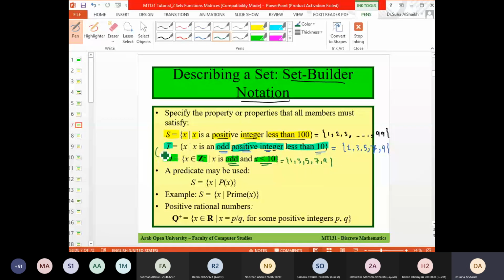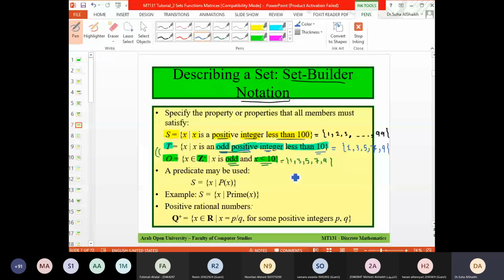These are the same, by the way, but they are trying to show you that instead of writing odd positive, it's in the plus. The predicates that we talked about before can be used here as well. I can say S is equal to the set of x such that P(x) is true.